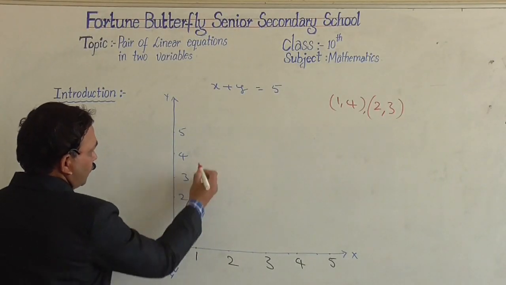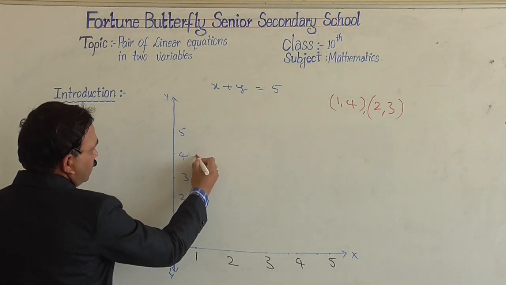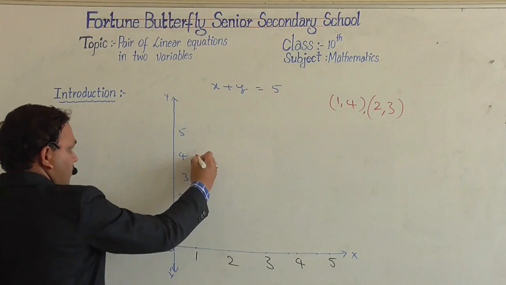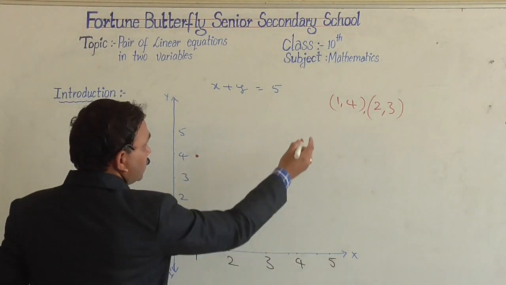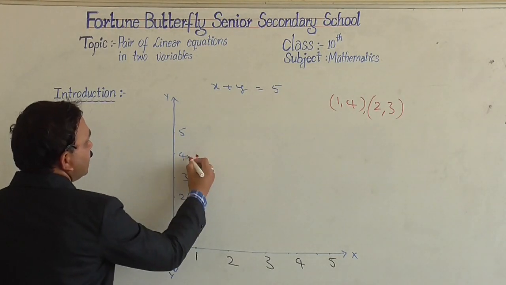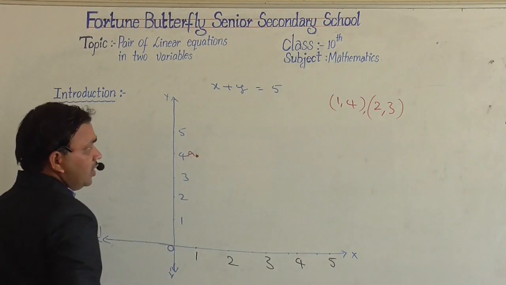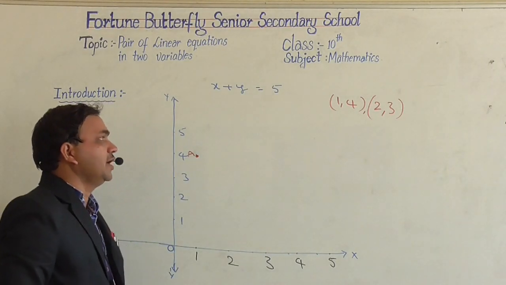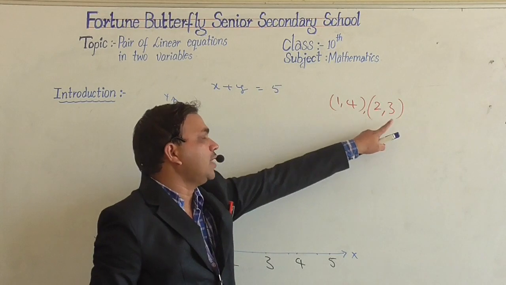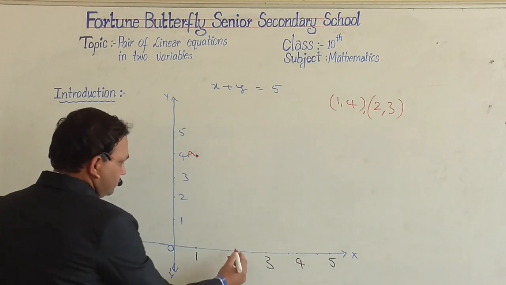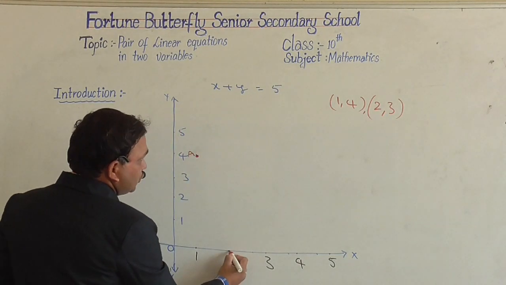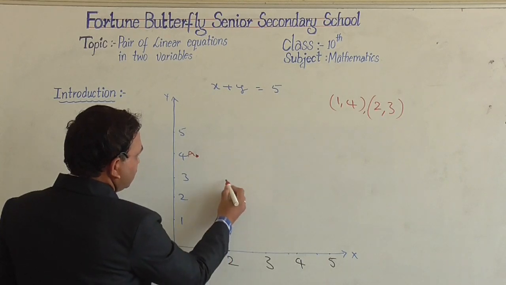The x value is 1 and the y value is 4. So we locate the point, named as A. Next we observe the second pair of order. So x value is equal to 2 and y value is equal to 3.